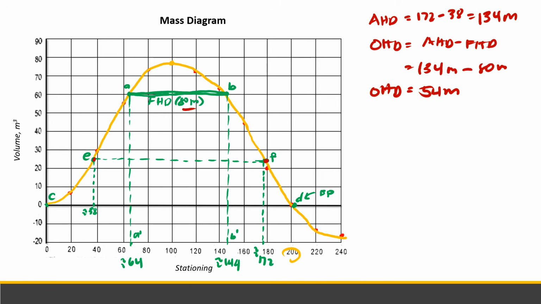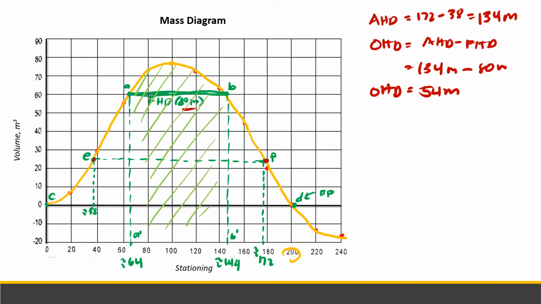To obtain the volume of earthworks, we simply get the difference in ordinates of the mass curve. To get the overhaul of material, we can just consider AA prime, since by principle CAA prime is to be hauled to DBB prime. Okay, so it means that since this is the free haul distance, cut and fill is equal dito na part.